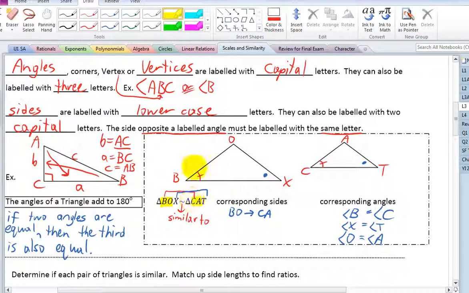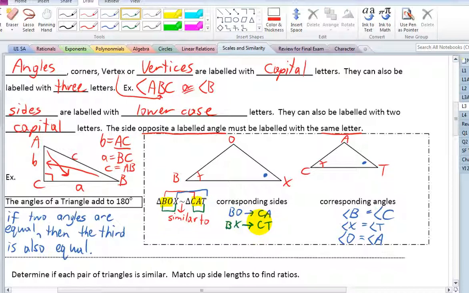But looking at the diagram, it also has the same angle markings, right? 1 line and no marking. So from the diagram and the name. What side matches up with BX? The two last letters, definitely would be CT.